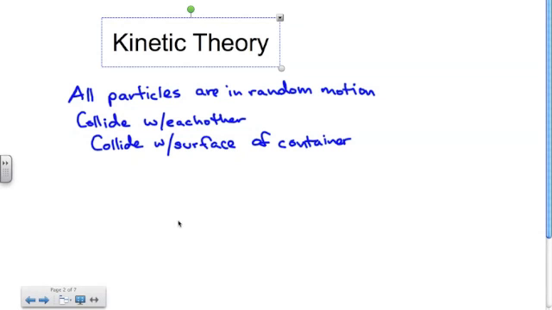Since these particles are also in random motion, you have to understand that temperature is actually very much related to motion, because temperature is really the measure of the average kinetic energy of a substance.